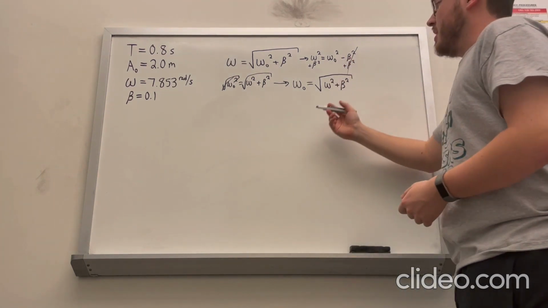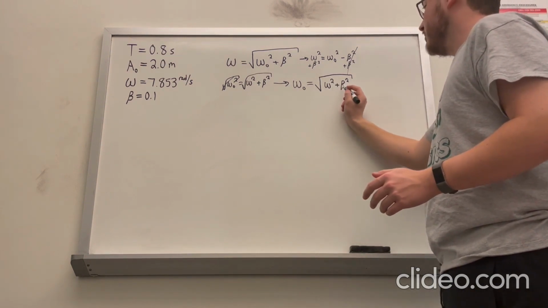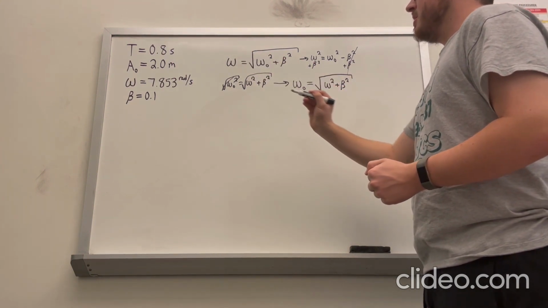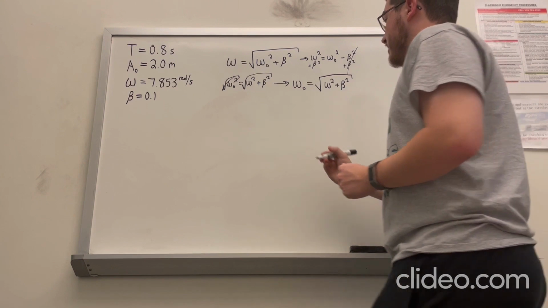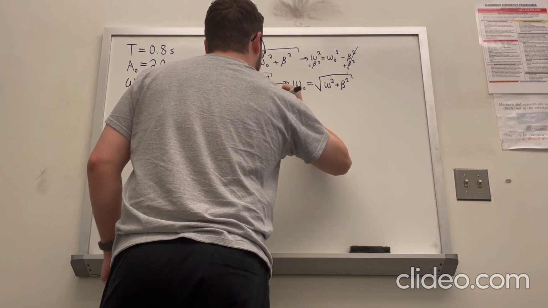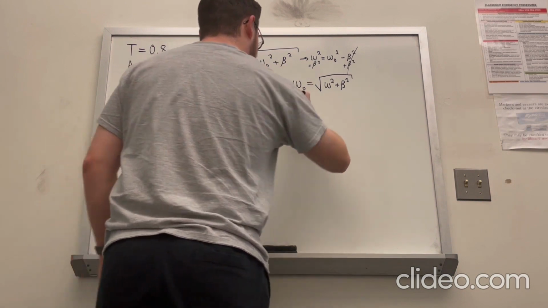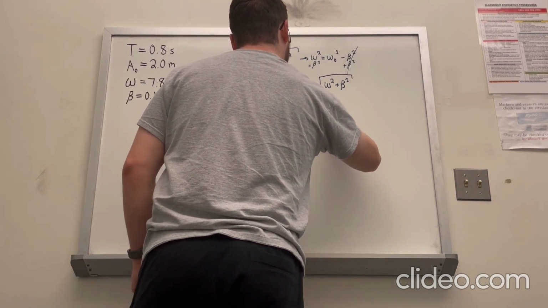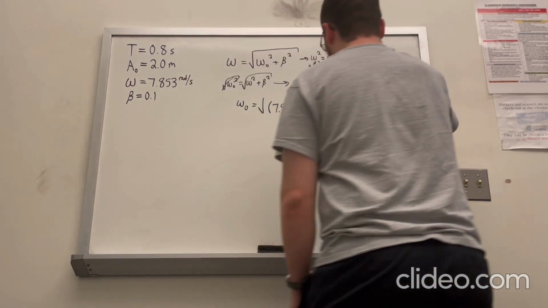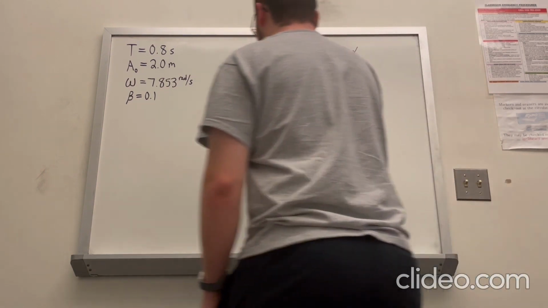Rearranging that, you get omega naught equal to the square root of omega squared plus beta squared. Plugging in our values, omega naught equals the square root of 7.853 radians per second squared plus 0.1 squared, all under the square root.